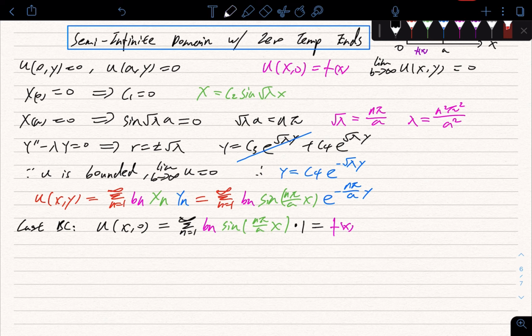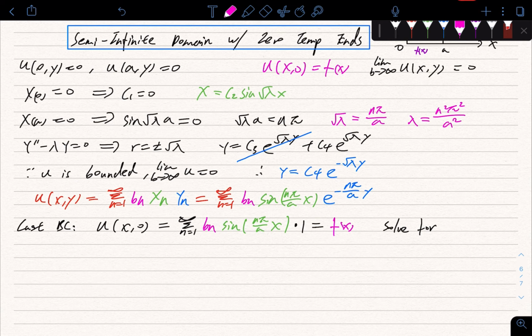So what you need to do is, again, solve for bn and n, and you're good to go.